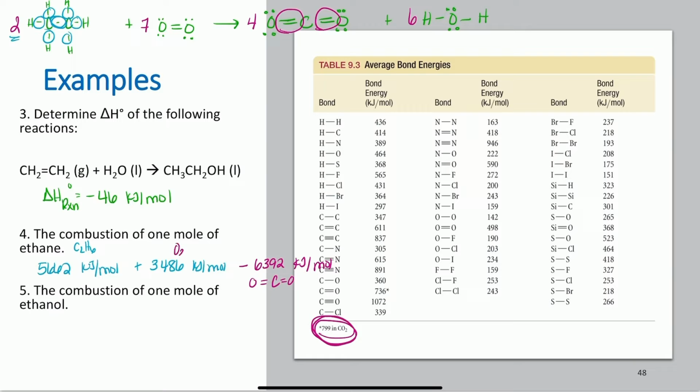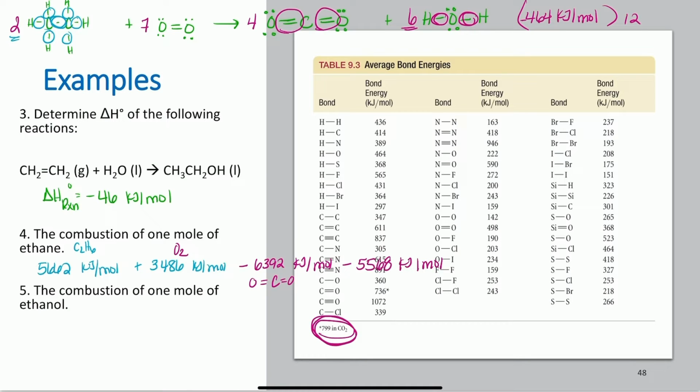For water, I've got 2 OH bonds, which is 464 kilojoules per mole. But I've got 6 moles of it, which means 12 times that value. And I'm going to make it negative because it's a product and it's forming. So 12 times negative 464 is negative 5,568 kilojoules per mole.